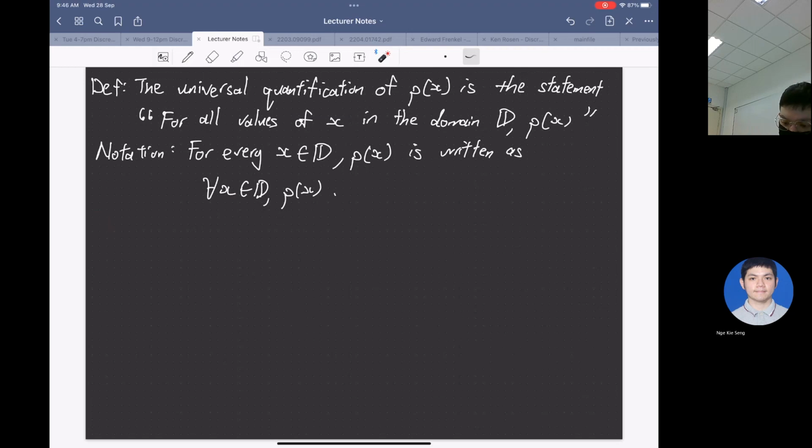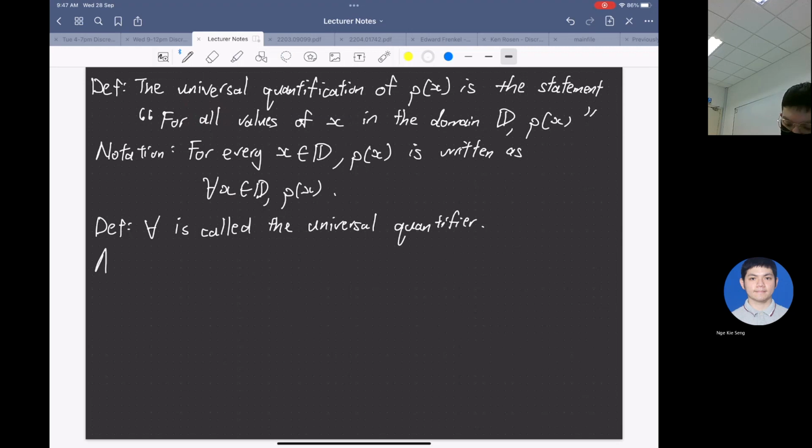So why use A for all? Because it's for all, right? For all values, so we use capital letter A. Okay, and then the definition. This inverted A we call the universal quantifier.